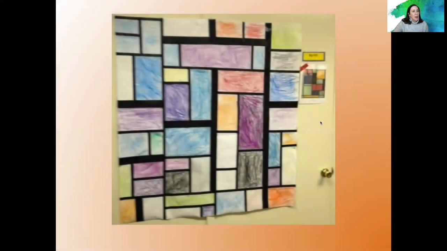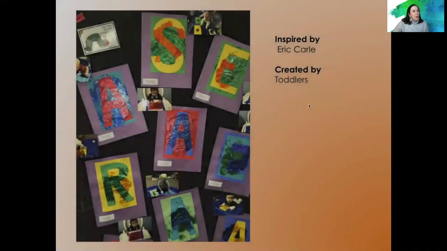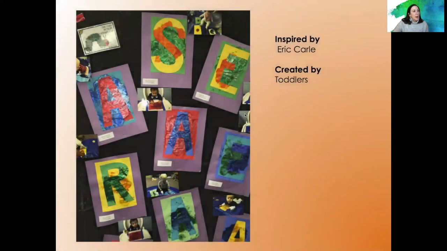Another one of the Mondrian group projects. This is inspired by The Very Hungry Caterpillar, inspired by Eric Carle. This is Babies. Basically what they did was they gave them a piece of paper with the letter of their name, and they put glitter paint and just rubbed it all over the place.